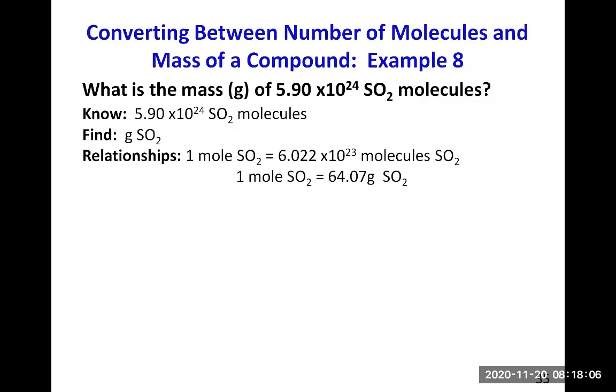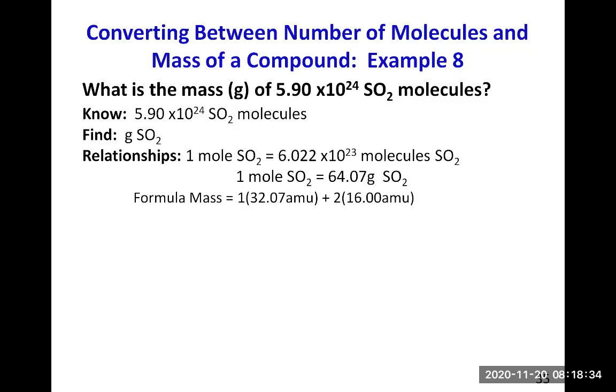Taking the periodic table to search for the atomic mass, the formula mass, the mass of just one formula of SO2, is 1 times the atomic mass of sulfur, 32.07 atomic mass units, plus 2 times the atomic mass of oxygen, 16.00 atomic mass units.